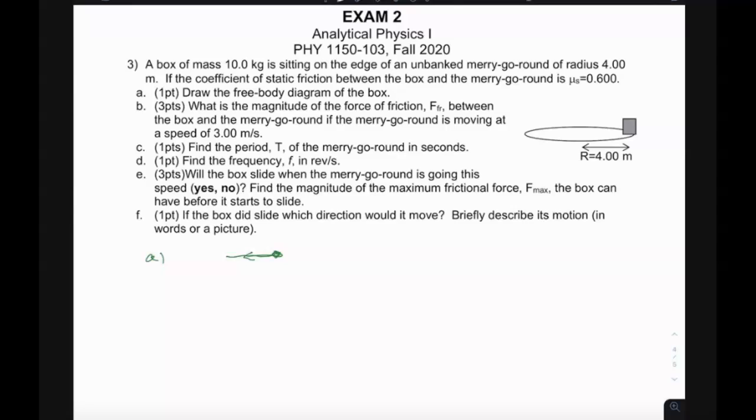We identify that force as the static friction, and it is the only horizontal force acting on the object, and is the source of its centripetal acceleration. It is the centripetal force. There is no force acting in the opposite direction.